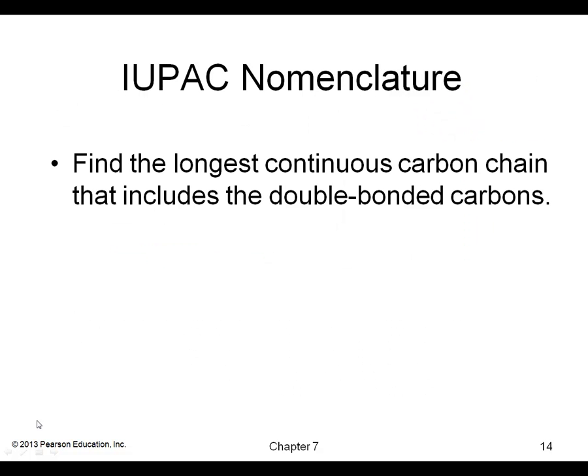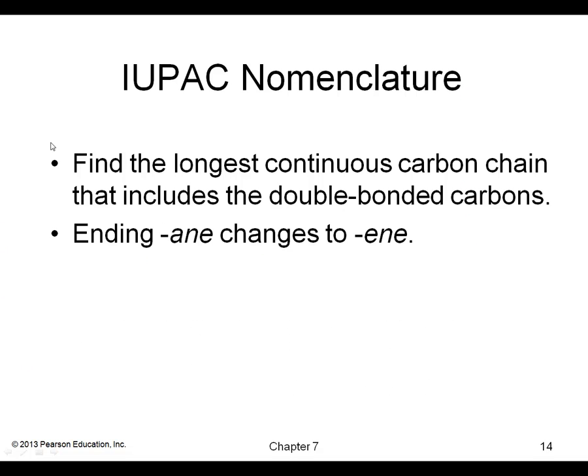Okay, let's go on to alkene nomenclature. Just a couple of extra rules from what we learned about alkanes. The first rule is we find the longest continuous chain that includes double bonds. So my parent chain now will include a double bond.